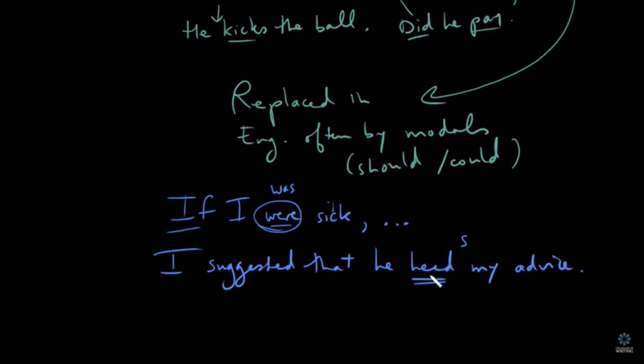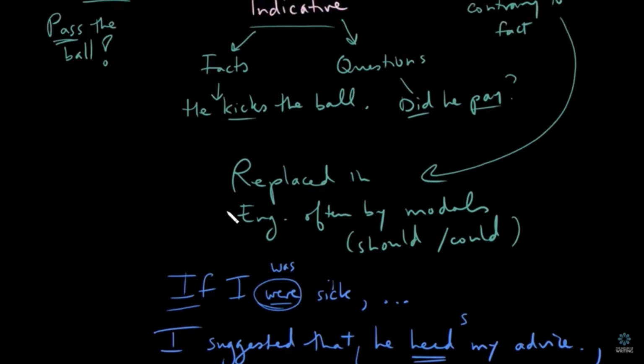It's missing that S. That's how you can tell, and that's because the second clause, that he heed my advice, is not actually fact, but it's something I am suggesting. It's a condition contrary to fact. It's a hypothetical situation, and it may or may not happen.